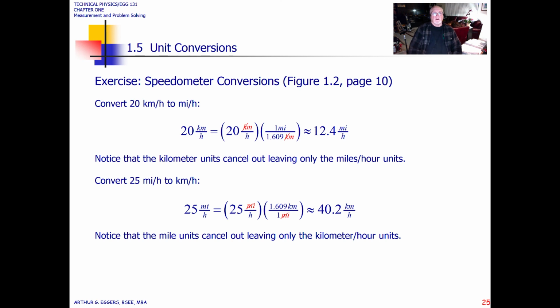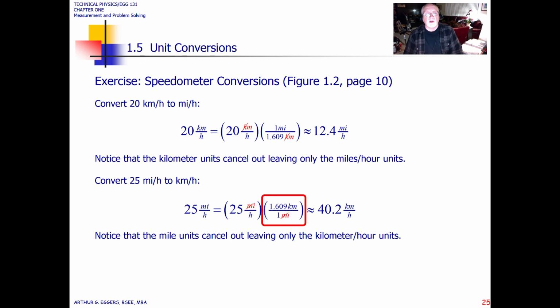What if we wanted to convert 25 miles per hour to kilometers per hour? Now you'll notice we invert our conversion factor, putting 1.609 kilometers in the numerator per mile.